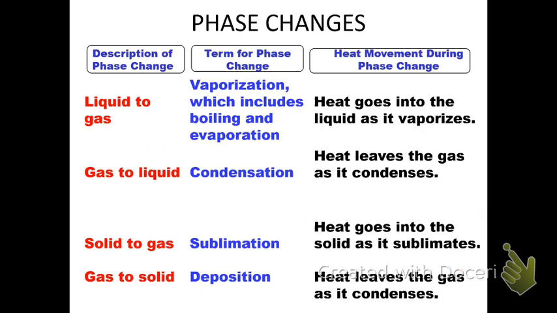Now in this next slide, these are the other 4 phase changes. So obviously if you go from a liquid to a gas, we call that vaporization, and that actually includes 2 processes, boiling and evaporation. Boiling is where we really aggressively add heat, and evaporation is more of a passive type of situation where the molecules slowly leave from liquid to a gas and then they go away so they don't come back and form liquid.